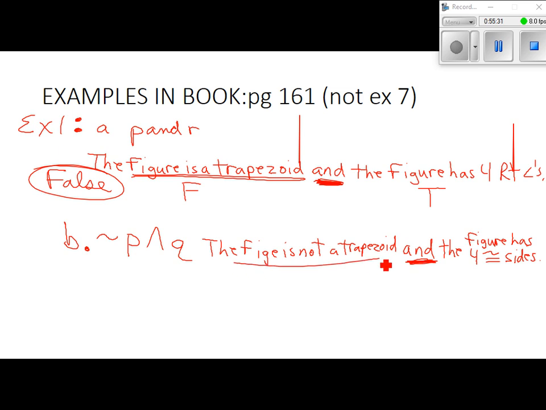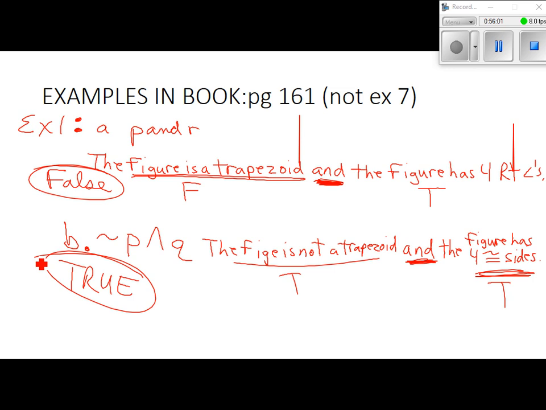The figure is not a trapezoid. True or false? True. It's not a trapezoid, is it? Then we look at this. The figure has 4 congruent sides. True or false? True. What's that tell us about the entire statement? True. It's all true. I think they give you a blank there that you could write your answer in, don't they?